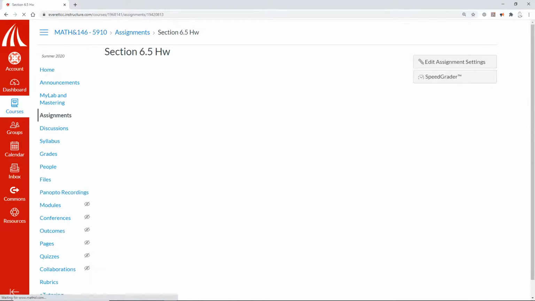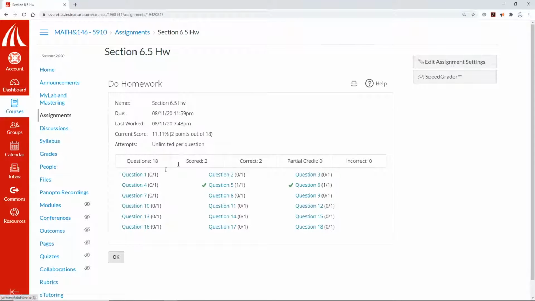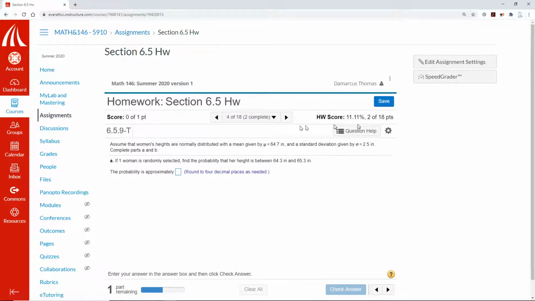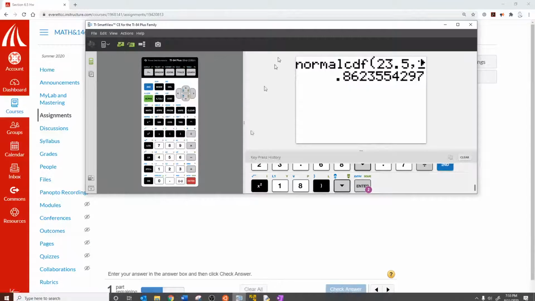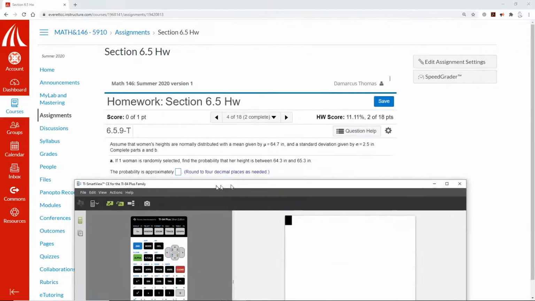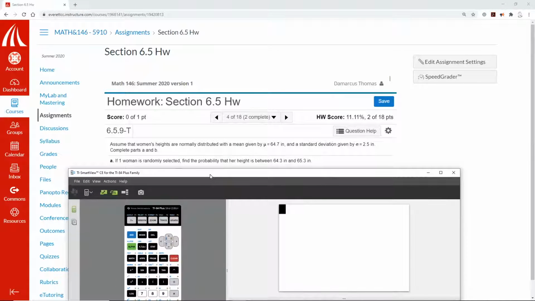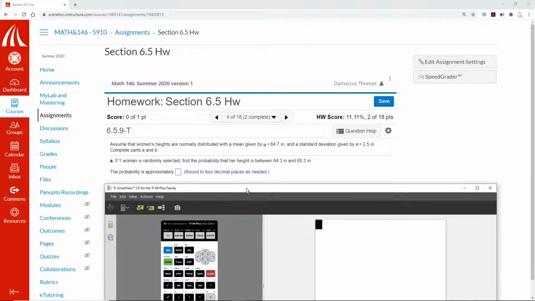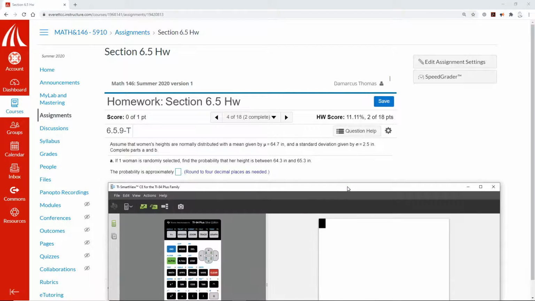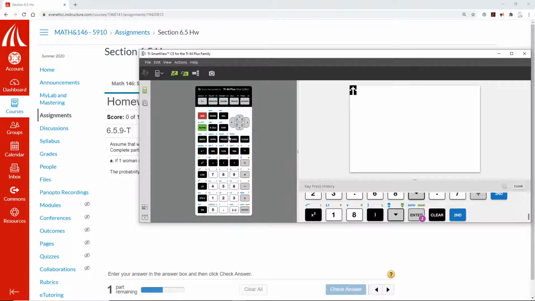Let's take a look at one more problem. Let's look at question number 4 from 6.5. I'm going to just do this quick for you. It says if one woman is randomly selected, find the probability that their height is between 64.3 and 65.3. So I have the mean height of all the women and the standard deviation of all the women. Now all I've got to do is normal CDF.